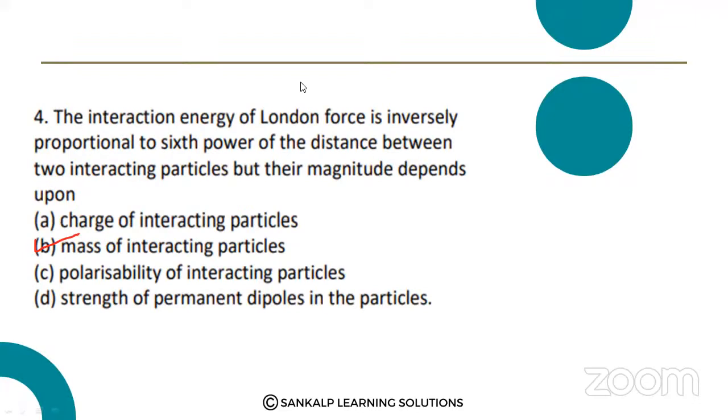Next, the interaction energy of London force is inversely proportional to the 6th power of the distance between two interacting particles, but their magnitude depends upon what?